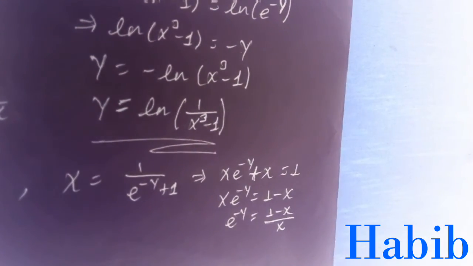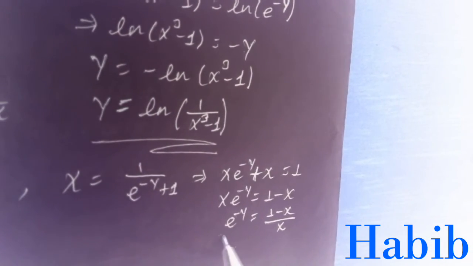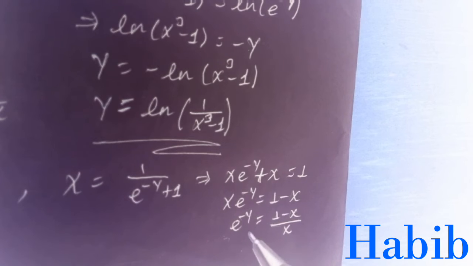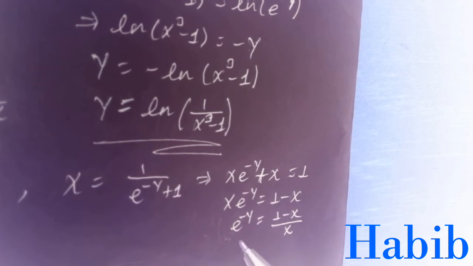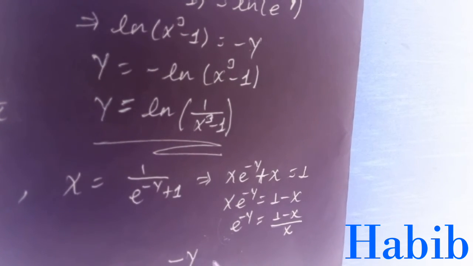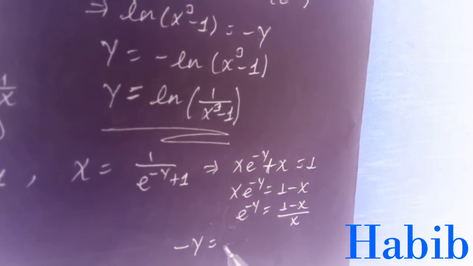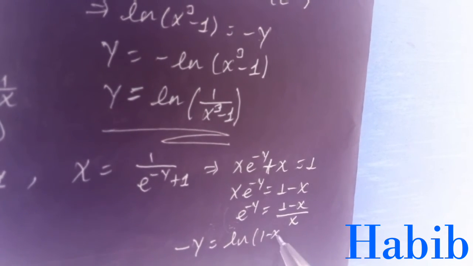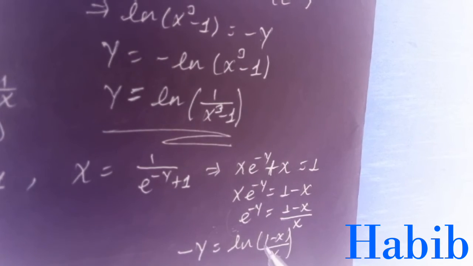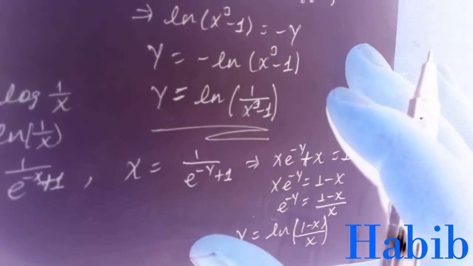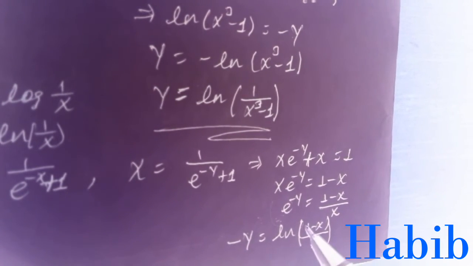By taking the natural logarithm of both sides, we find the value of y. This becomes ln e raised to minus y, meaning minus y equals ln of 1 minus x over x.